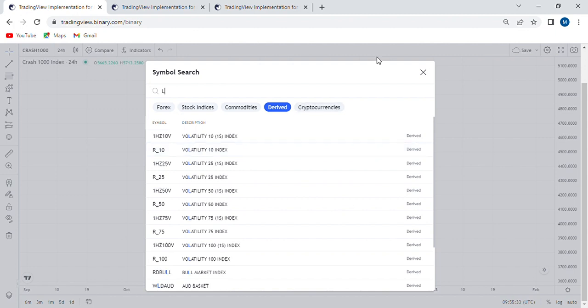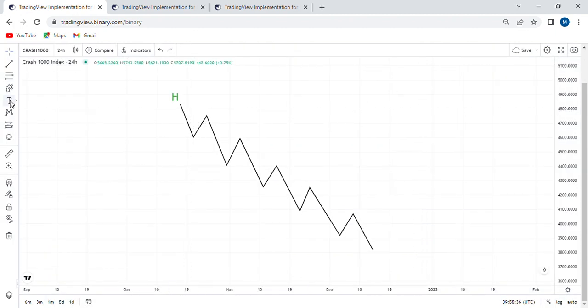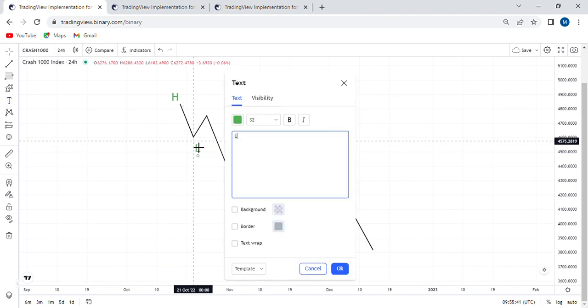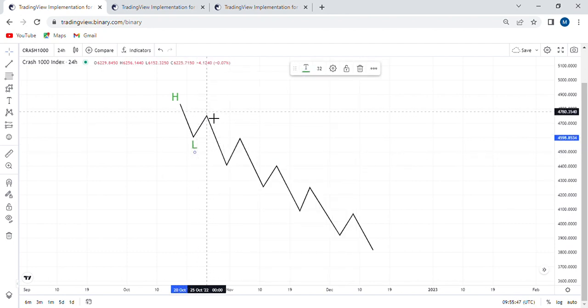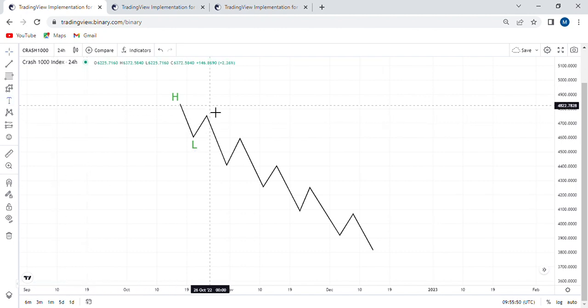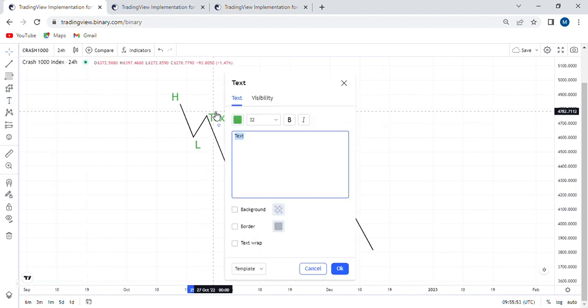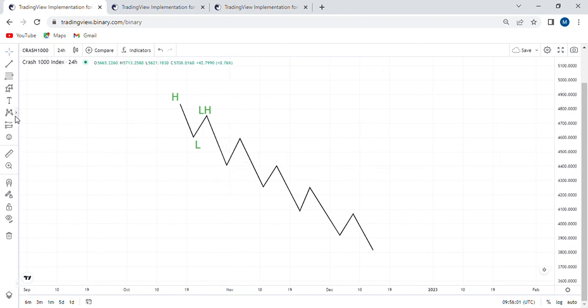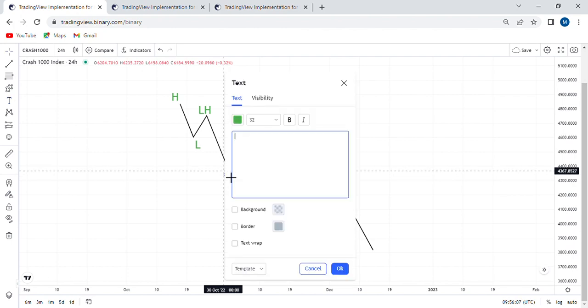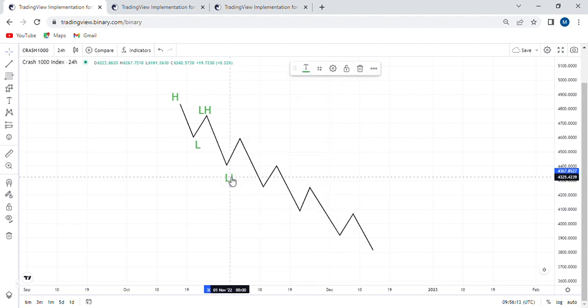We have a lower high. Then we have a lower low. Okay, this is a downtrend, all right. So this is our lower low.